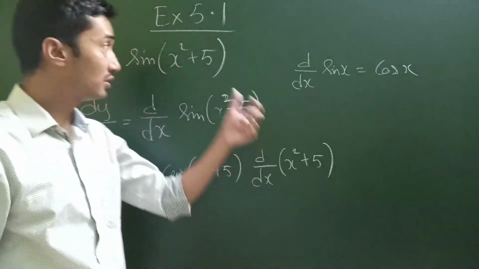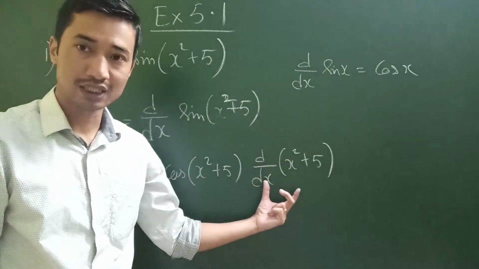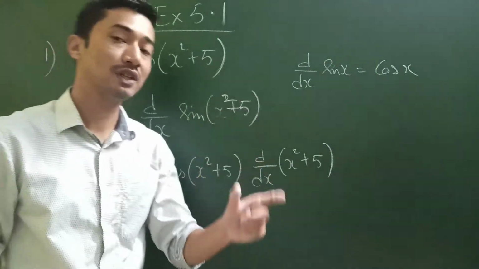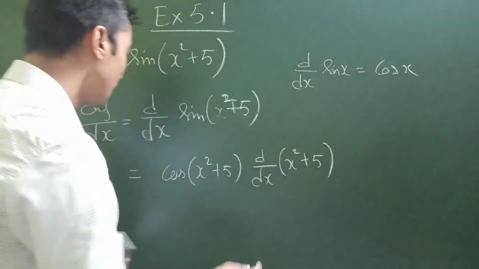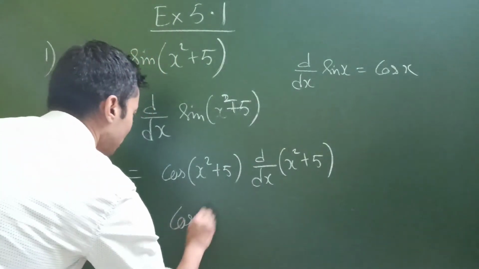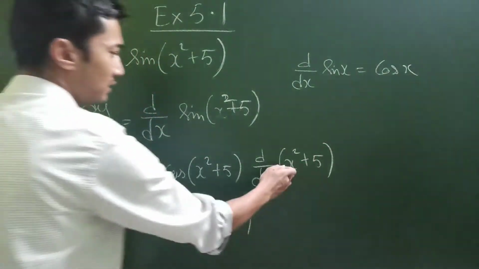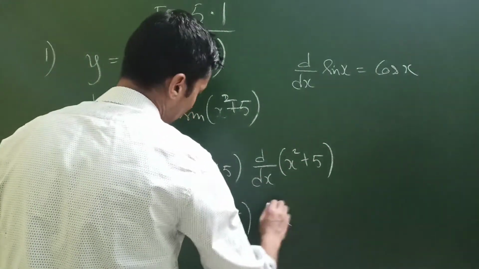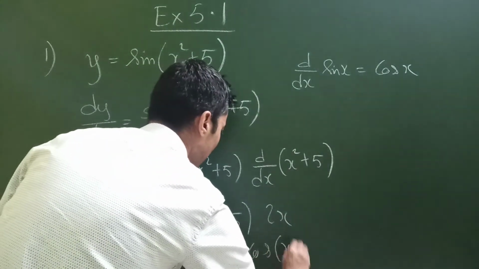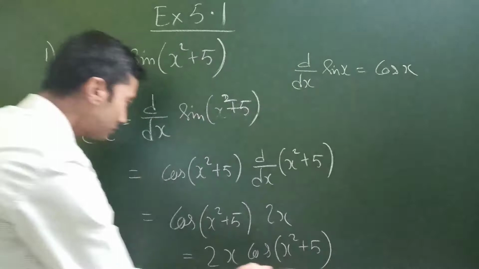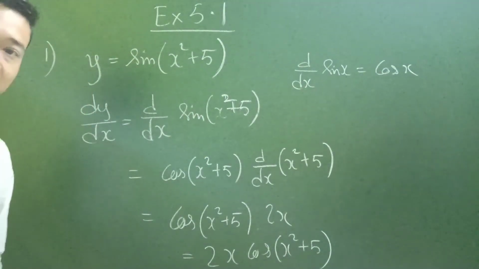Here we had two functions, so chain rule will proceed twice. That's why in the first step it's very important to identify the functions. So that is going to be cos of x squared plus 5. The derivative of x squared is 2x, and of 5 is 0. So we have 2x cos of x squared plus 5, the derivative of y with respect to x. Simple as that.